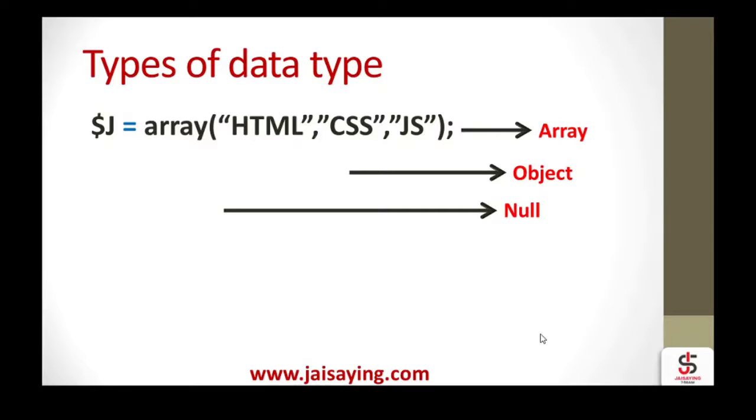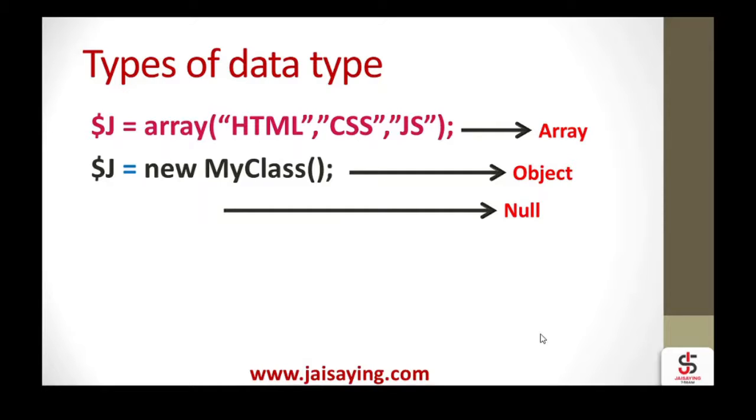Okay, what is the object data type? I'll tell you in the upcoming tutorials what the object data type is and why we use the object data type, what the purpose of the data type is, and why the data type is important. In the next and upcoming tutorials we will learn the use of the object data type.